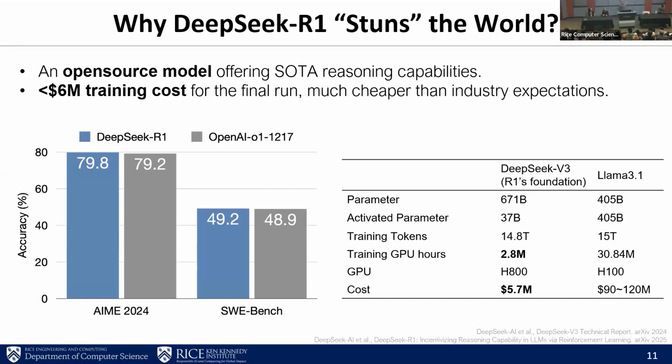The cost of DeepSeek is less than $6 million, compared to Llama 3, released by Meta, which costs over $100 million, which is insane, right? So it spends only 5% of the cost and achieved similar performances and is open sourced for everybody to use. That's why it stuns the world.